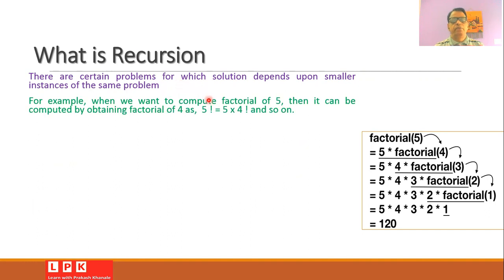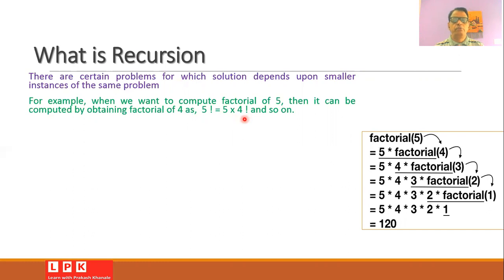For example, whenever you are asked to compute the factorial of the number 5, we know that the factorial of 5 can be computed by using the factorial of 4. So we can define 5 factorial as 5 into 4 factorial.